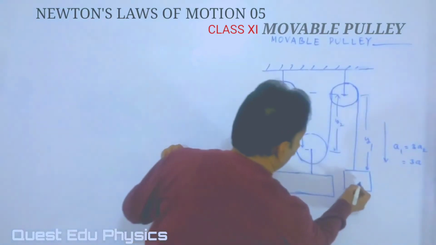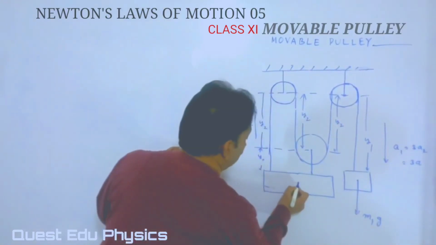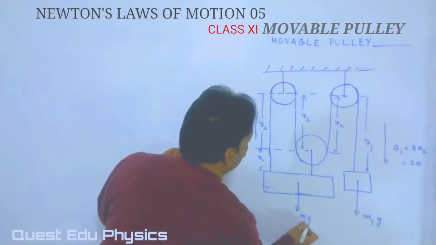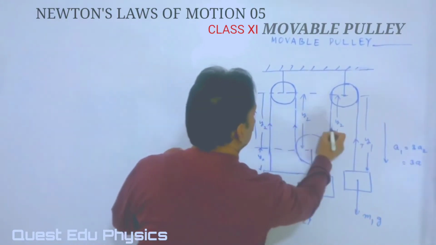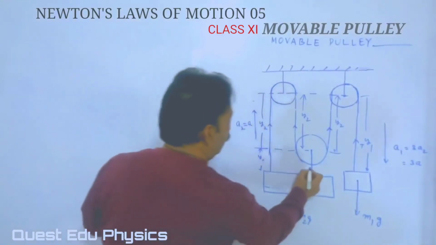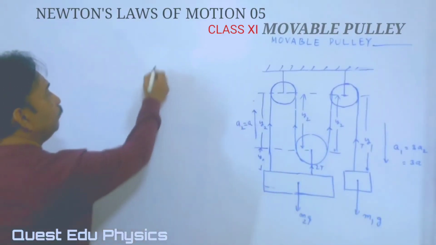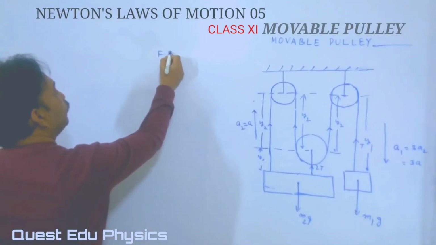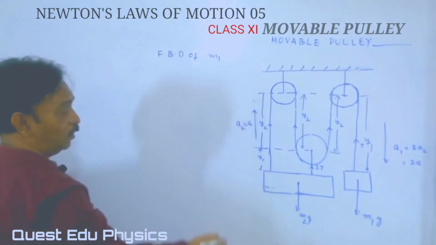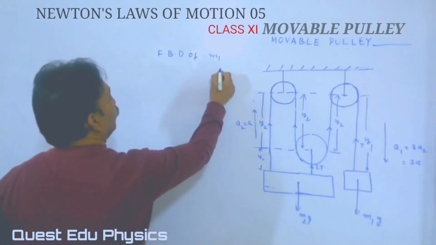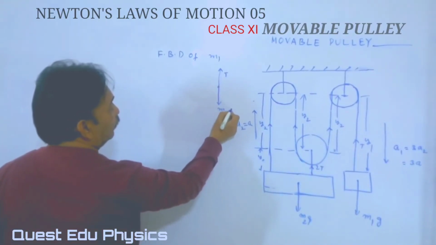Let's see. For this, say it is m1 and it is m2g, tension, tension, tension and tension. Obviously it is equal to 2t. Let's take the FBD of m1. What you get is the tension, it is the weight.